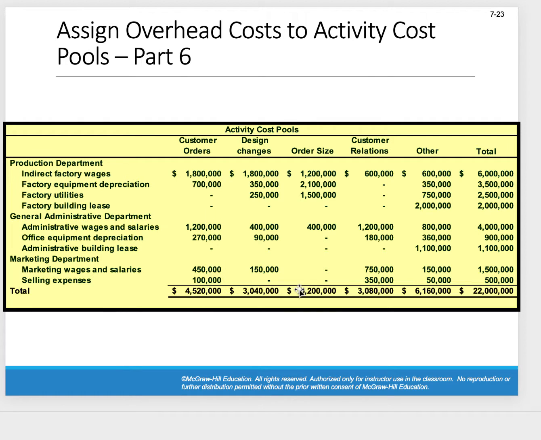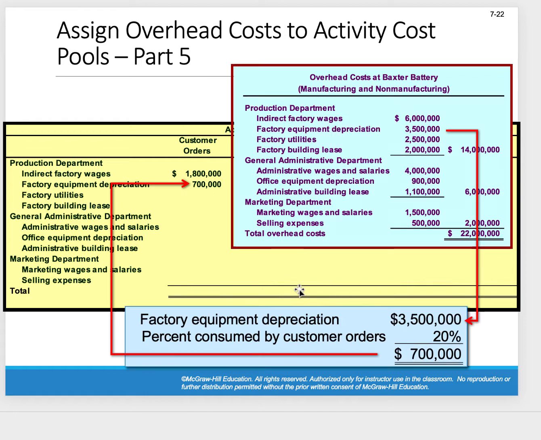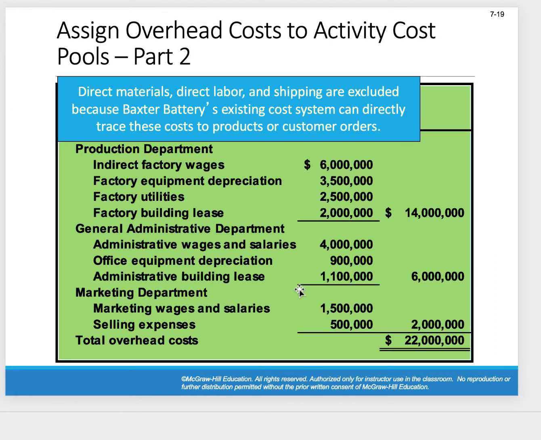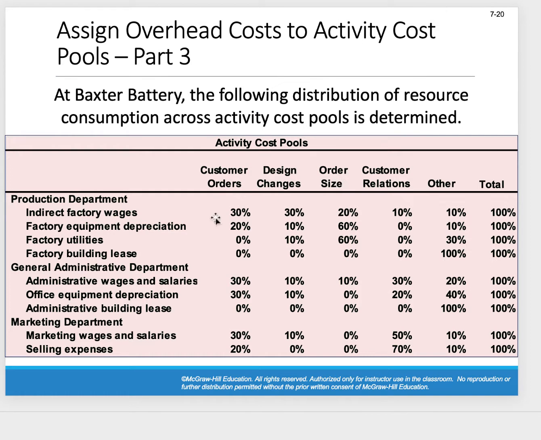Okay, if this is as clear as mud, don't worry, we're going to work on an example when we get to the study guides of this. Okay, but the main thing we're doing is taking our cost and multiplying it by the percentage of each resource that is consumed by each activity cost pool.